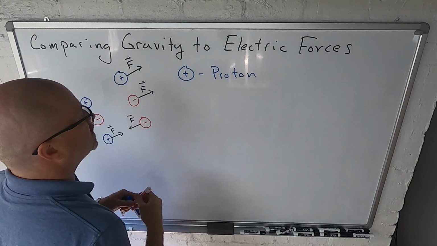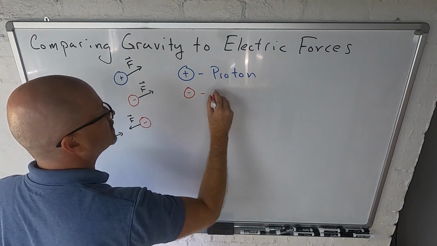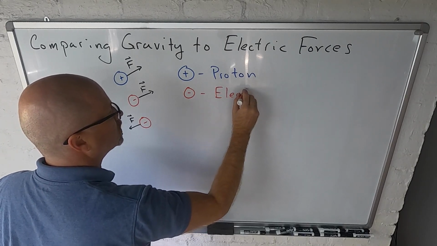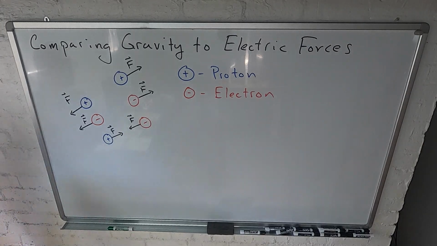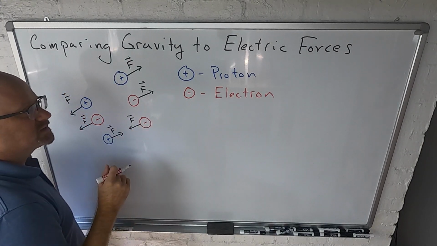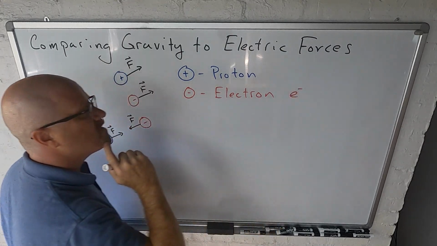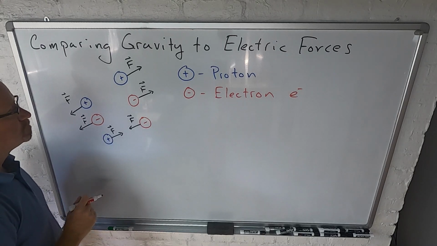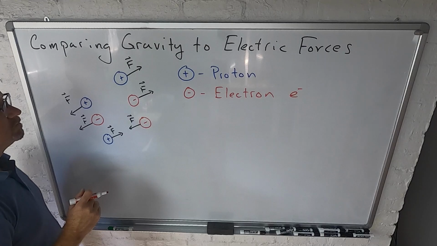And we may have a negatively charged particle. This might be an electron. There is a zoo of different particles available, and all of them have some magnitude of charge. The fundamental charge is that of the electron, minus e, is what we call that. And it's equal in magnitude to the charge of the proton.